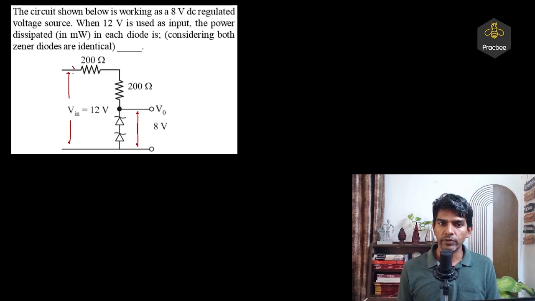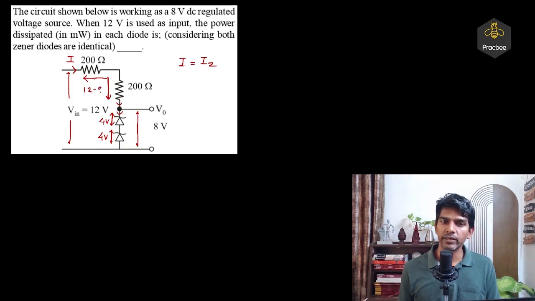So whatever the input current will be, that current will pass through the diodes. So in this case I is nothing but the Zener current. So we can say across each diode the potential drop will be 4 volt. By symmetry, since they are connected in series, 4 volt. So across these 2 resistors the potential drop will be 12 minus 8.